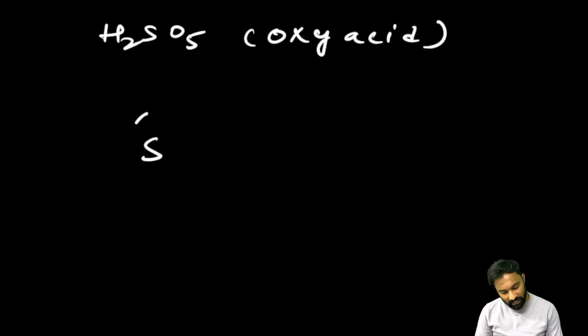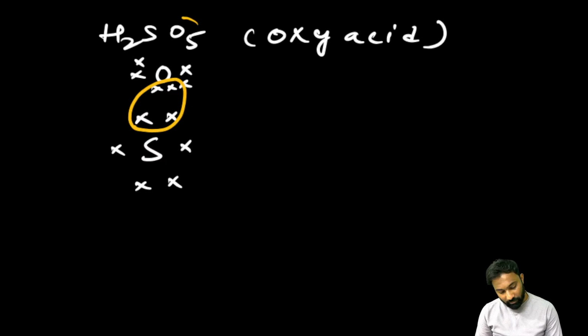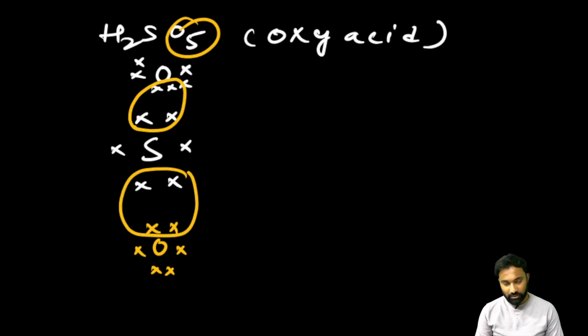Normally the sulfur valency electrons are 6, right? Sulfur valency electrons are 6. Then oxygen valency electrons are also 6. To complete its octet, this oxygen requires 2 electrons. Now it will take 2 electrons from the sulfur. Done, right? In real, how many oxygens are we having? 4 oxygens left after forming this bond. Then another oxygen will form a bond with this oxygen.